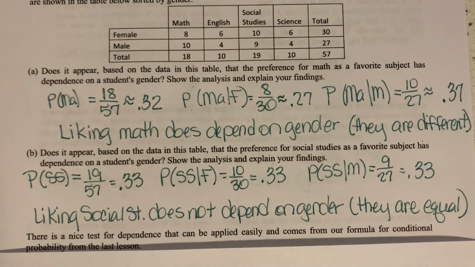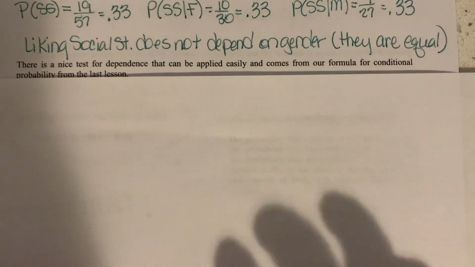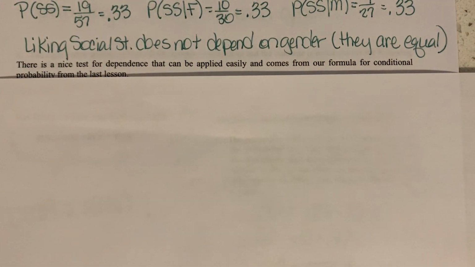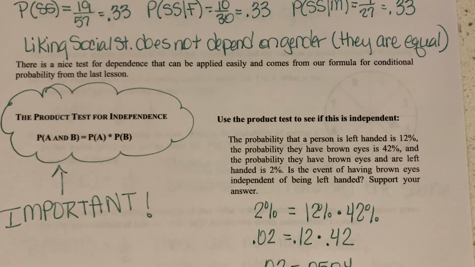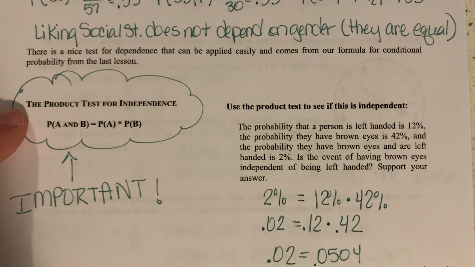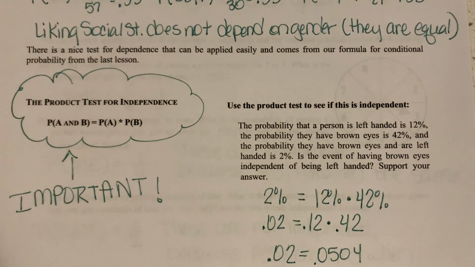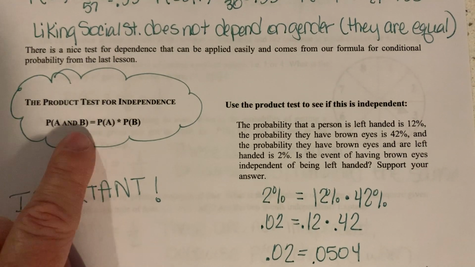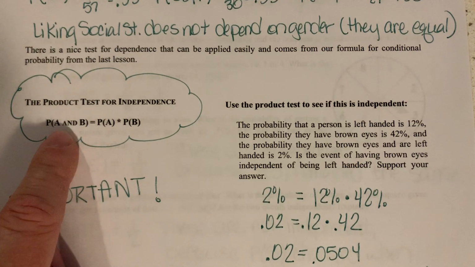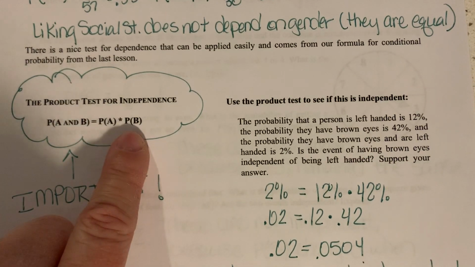All right, so there's just this easy little test to decide whether something is dependent on another event or whether the events are independent. And this is the product rule. All right, so this is the product test for independence. Basically, two events are completely independent if, when you find out the probability for A and B, the intersection of A and B, it equals A times B, okay?